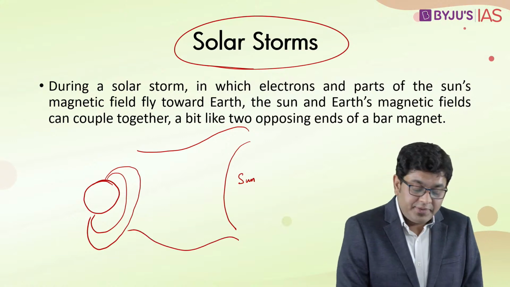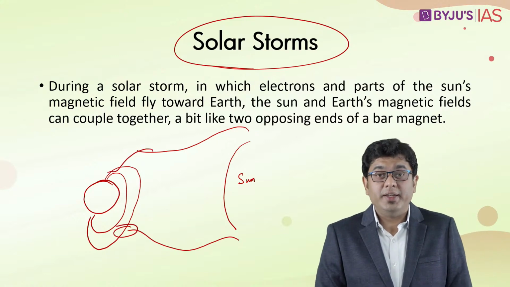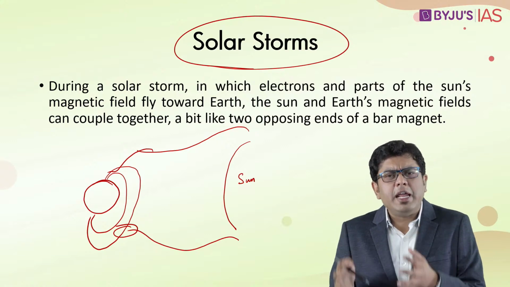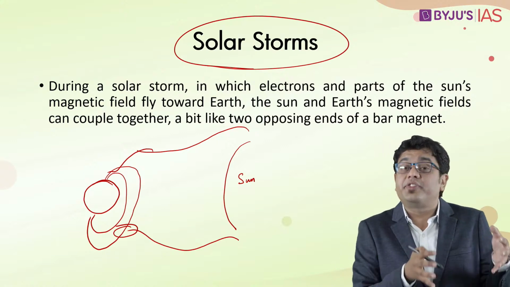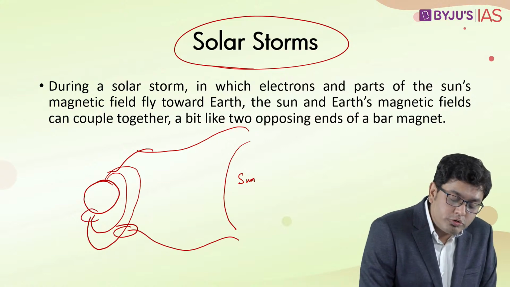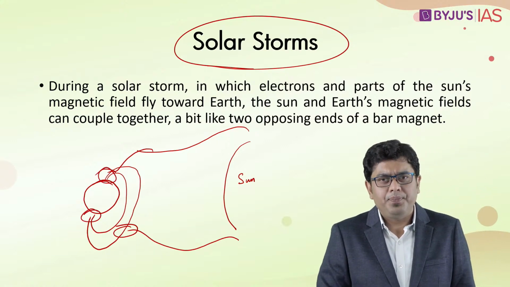Sometimes these two field lines interact with each other, and due to that, a huge amount of electrons and plasma get transferred from the sun to the outer part of the Earth's atmosphere close to the polar regions in a very short span of time.